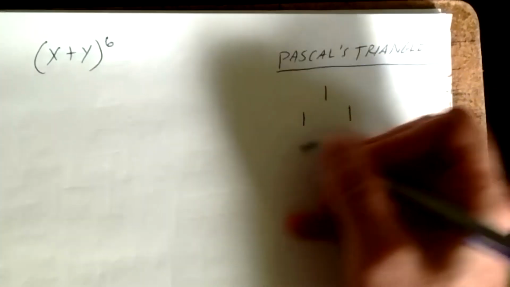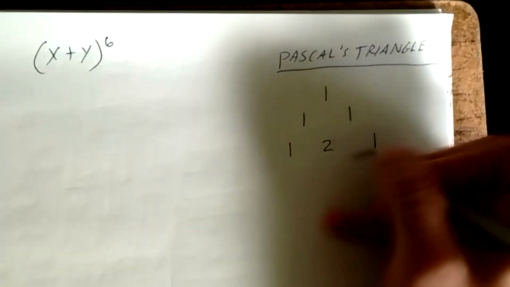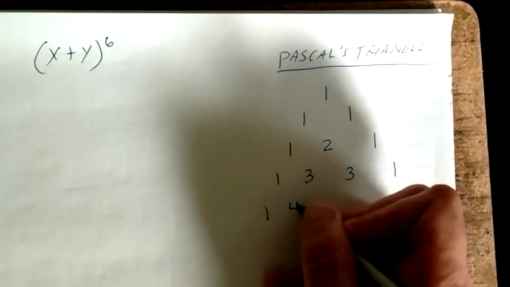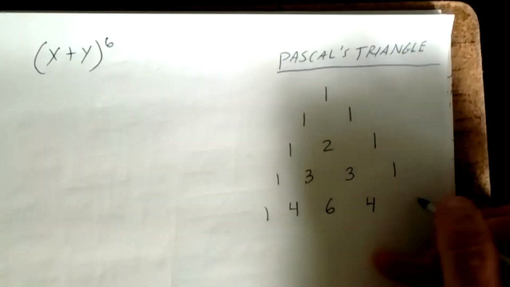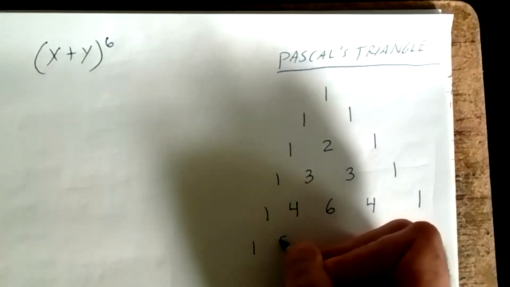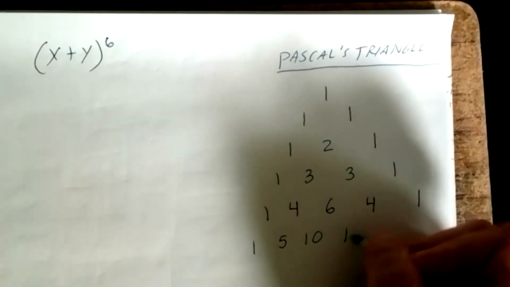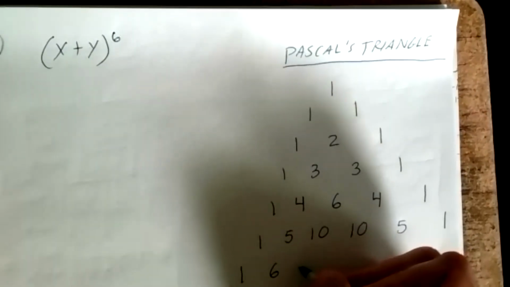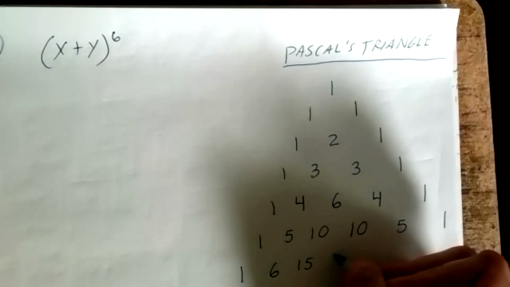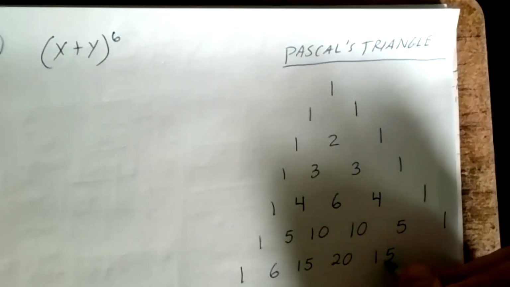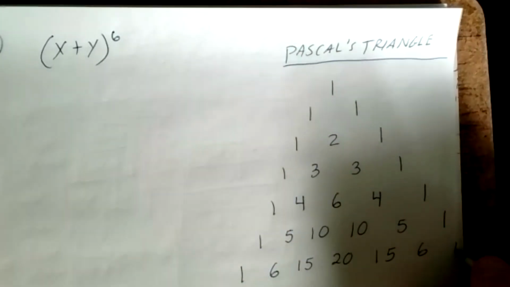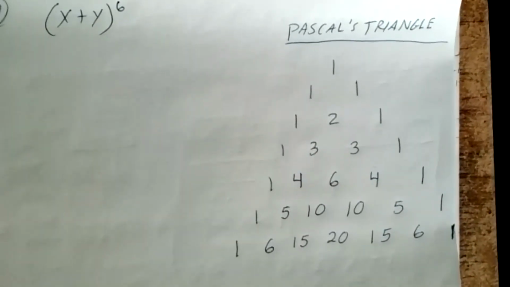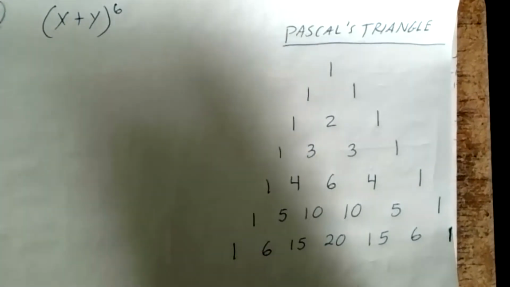I just want to show you here. One out here. All right, this is called Pascal's triangle. It's an amazing triangle here in the way it's constructed.